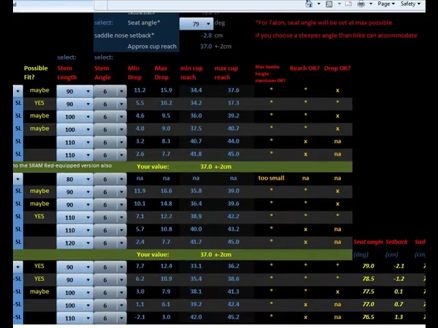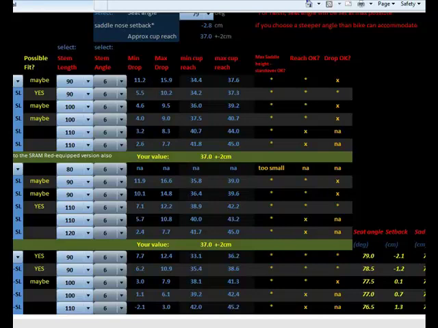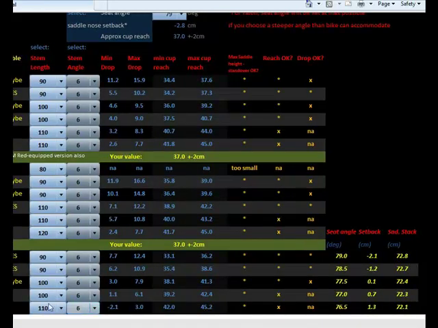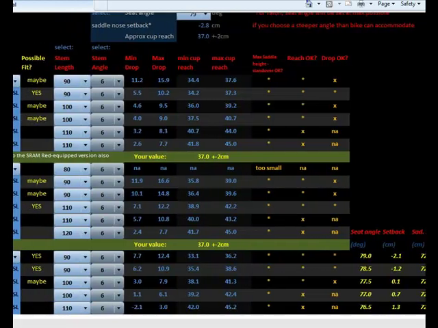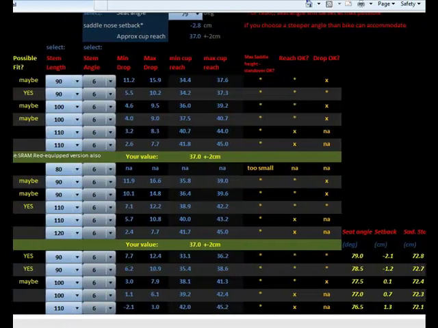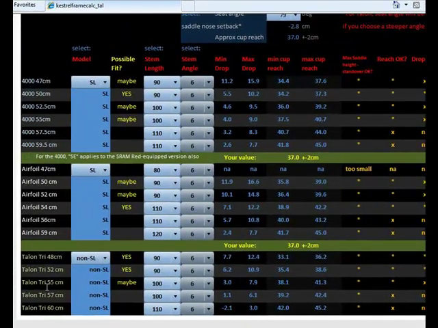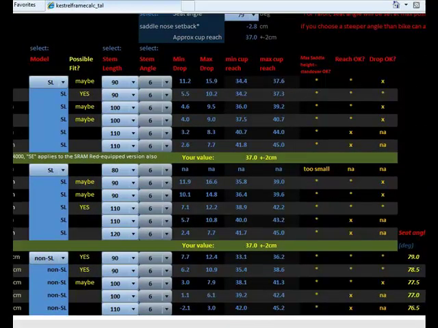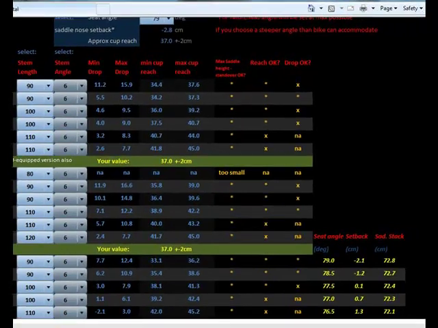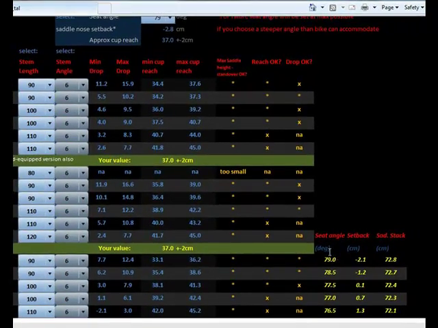So if we were to scroll down here and look at the Talon section, here you'll see we have the Talons. And you'll notice that there's an extra 3 columns added to the fit computer here: seat angle, setback, and saddle stack.